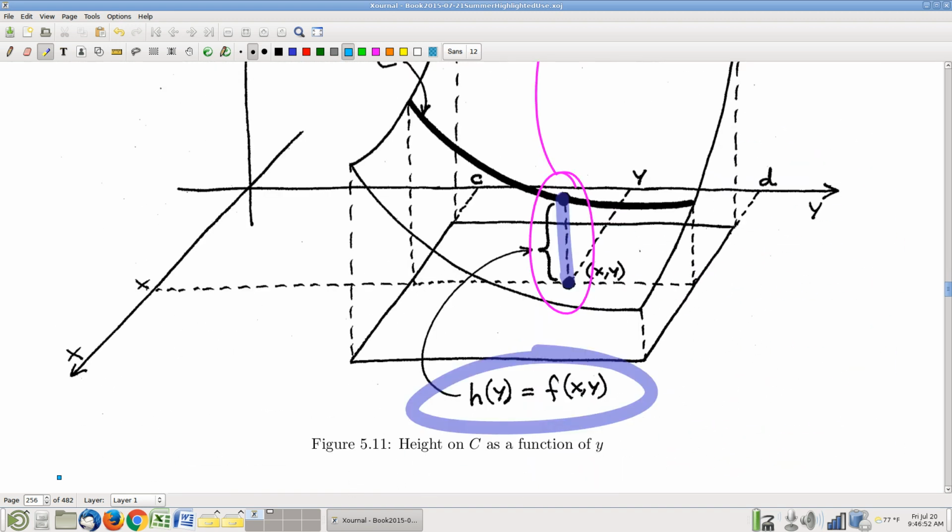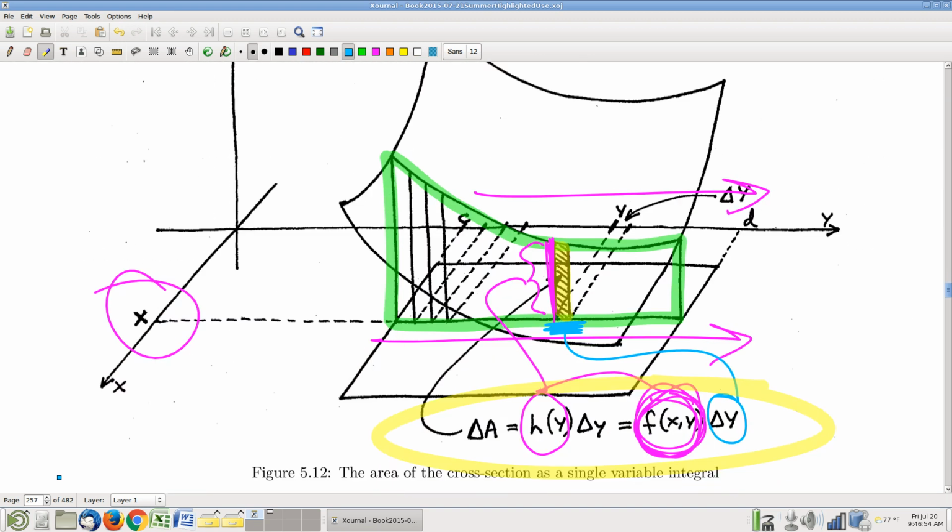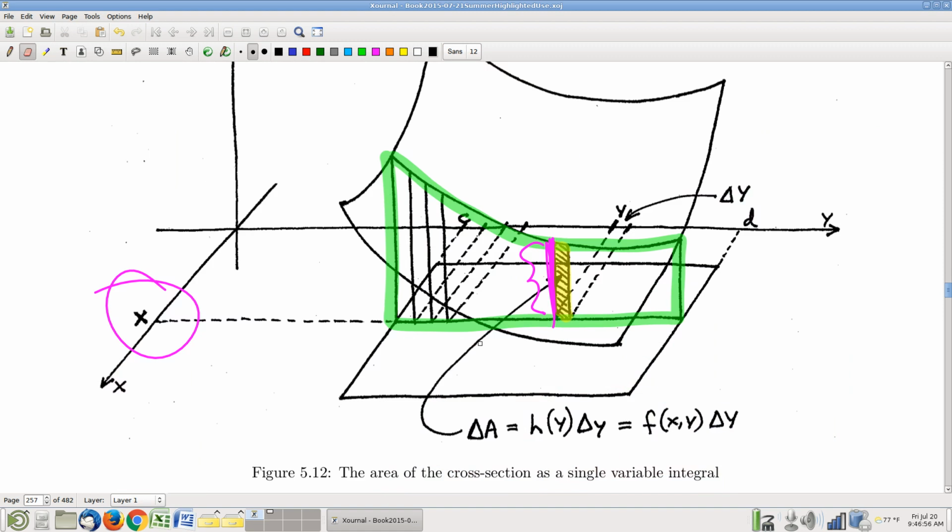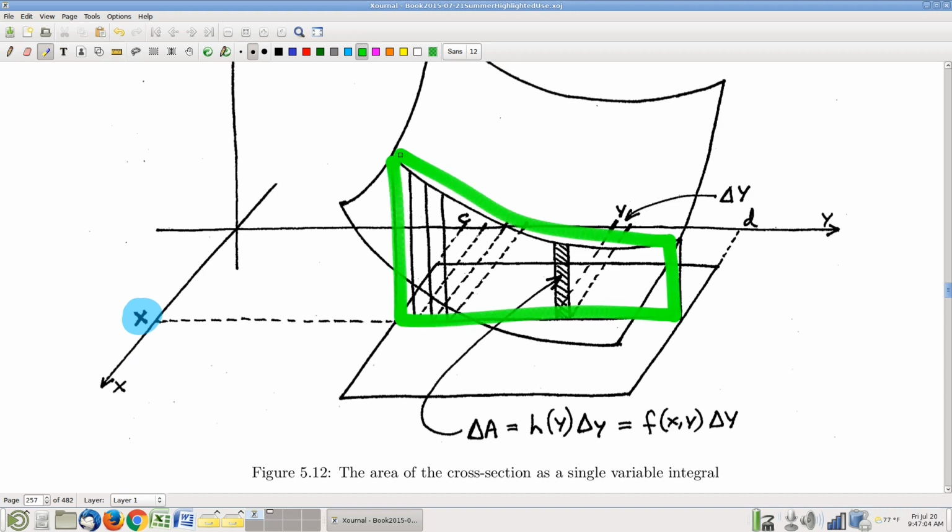Whereas for the inside integral, x isn't changing at all. There's a single area we're looking at, and we are moving along there, namely as y goes from c to d. That's an integral in the y direction.